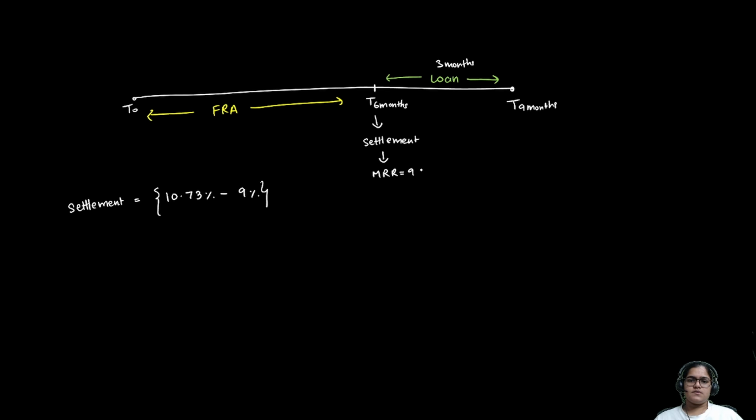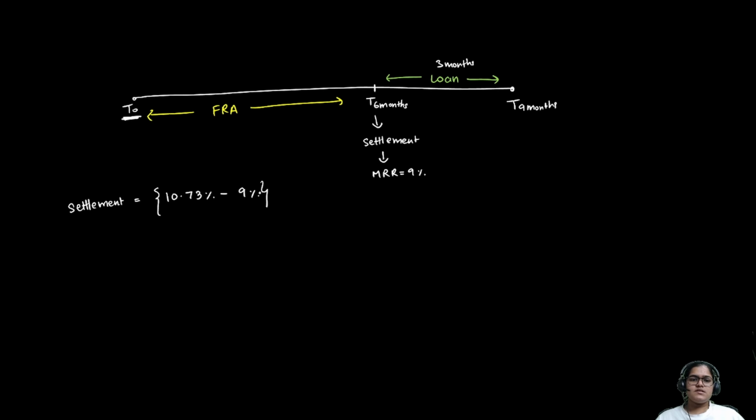At time 0, you will not know that the floating rate was 9%. It is given to us in the question, but in real life, you will come to know this rate only when you reach T6. But the fixed rate of 10.73% is calculated at time 0 itself.